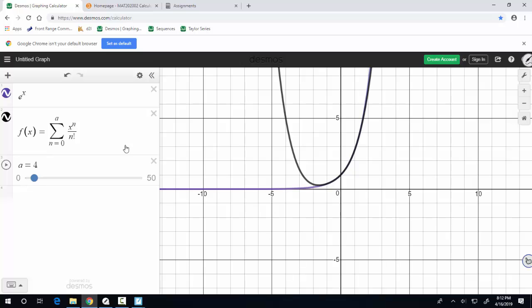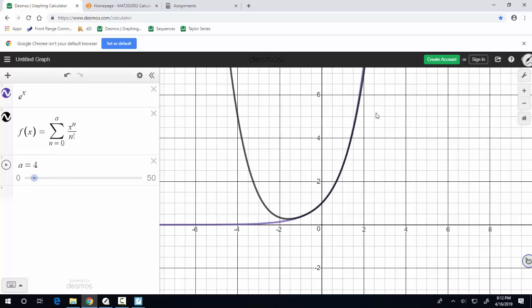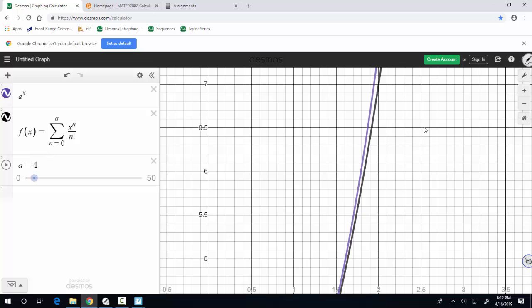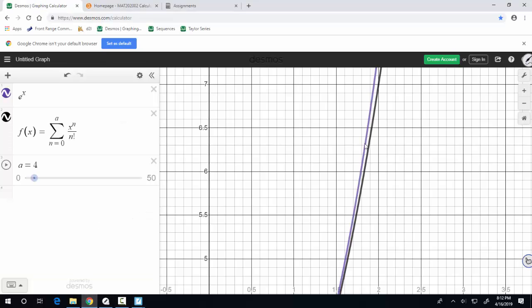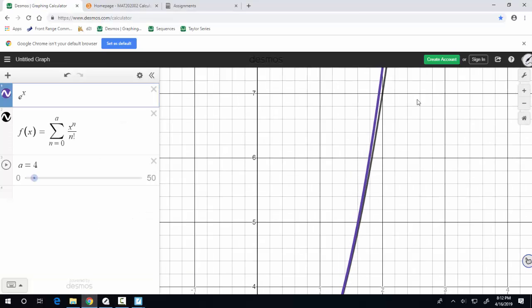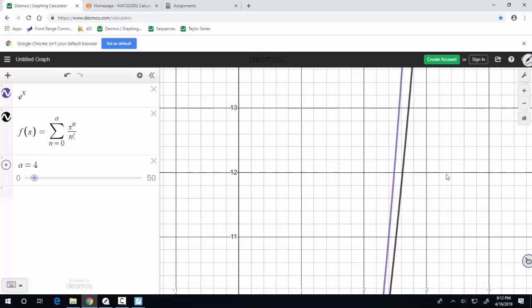So like our 4th degree that we used, there is error here. So it's just addressing the error of that. And they're calling the remainder the error, whatever. Same thing. So the remainder is just the difference between the function and the polynomial. So here we see that difference right here. So we see that difference could also be approximated by a polynomial.